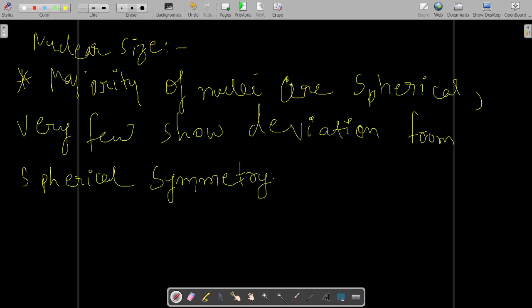Those that show deviation from spherical symmetry are either oblate or prolate. That you also know.